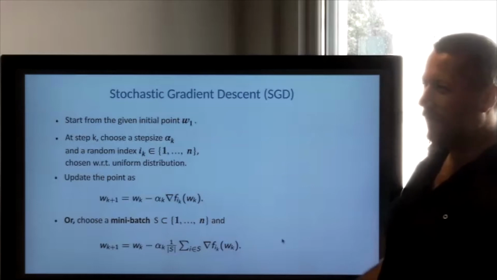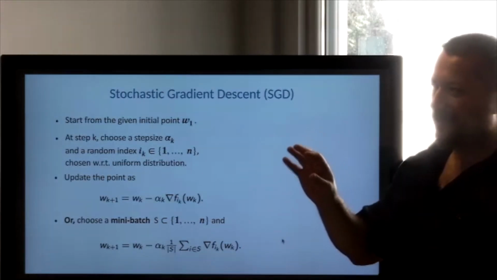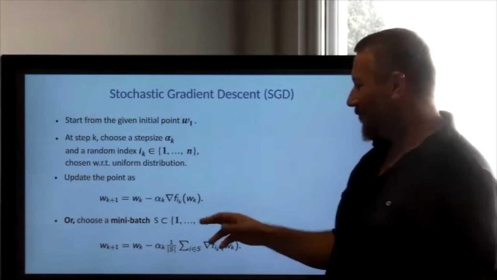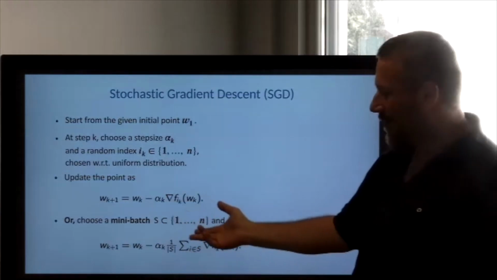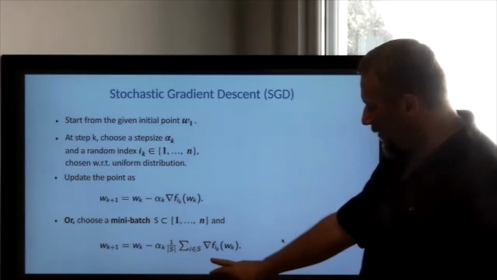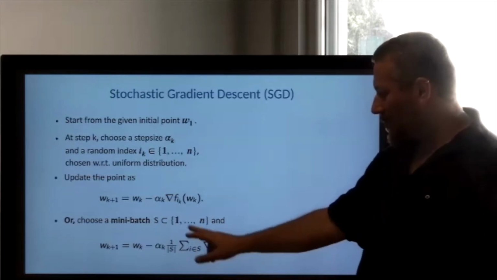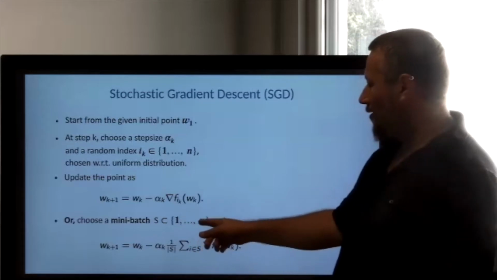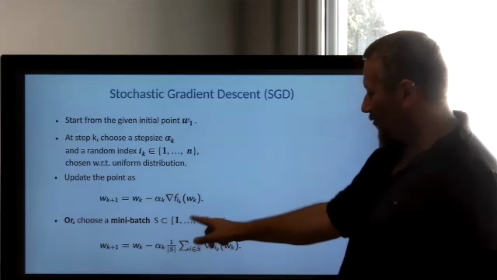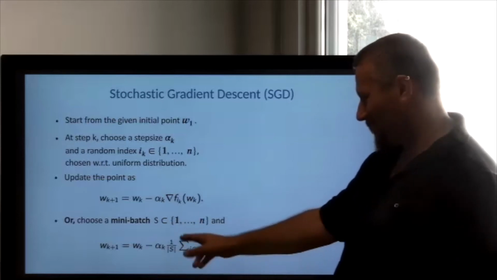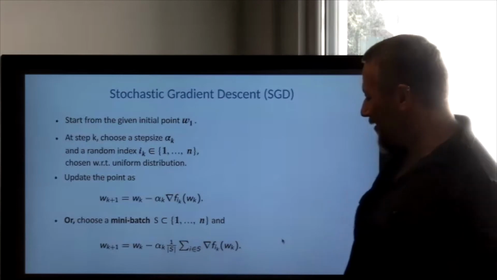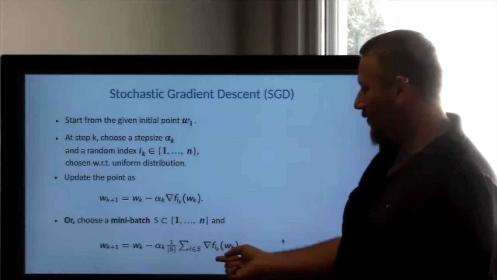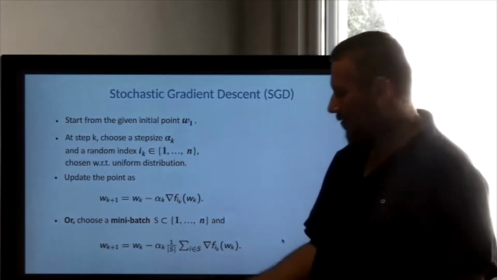But actually, I'm going to talk about that, hopefully today, that you shouldn't choose a lot of them. You just choose 100 or 200 maybe, and then you calculate these gradients and average them just for this subset. I'm going to call it a mini batch. For this mini batch, a small subset of the integers from 1 to n, as the name suggests, you take the average for the data points corresponding to those indices and move in that direction of the gradient.